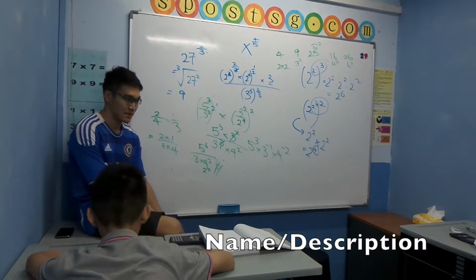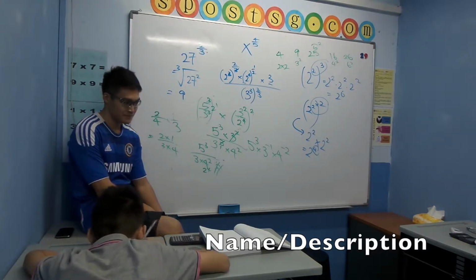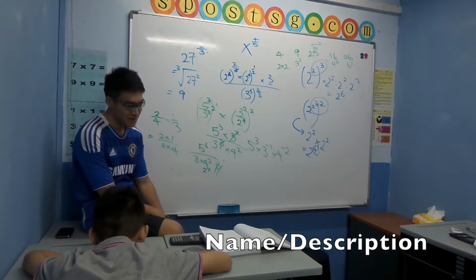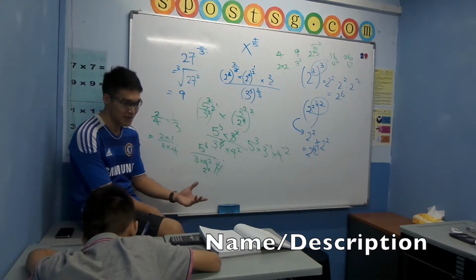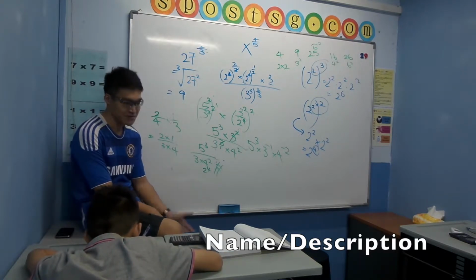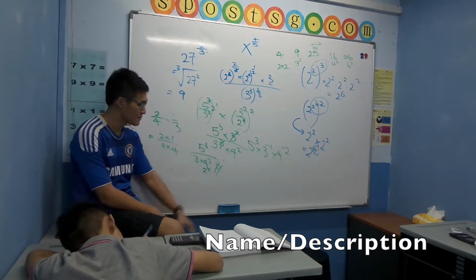No. The logic is the same. I see alphabet, I forget everything. A and A combine. B and B combine. Then you see, got 3 and 9. So what should you do to the 9? Make it 3. Then same already, right? Then can do.